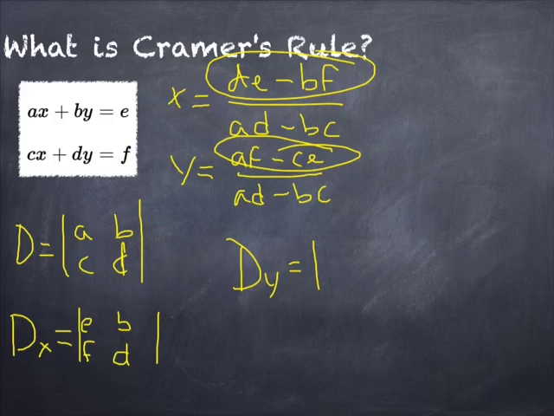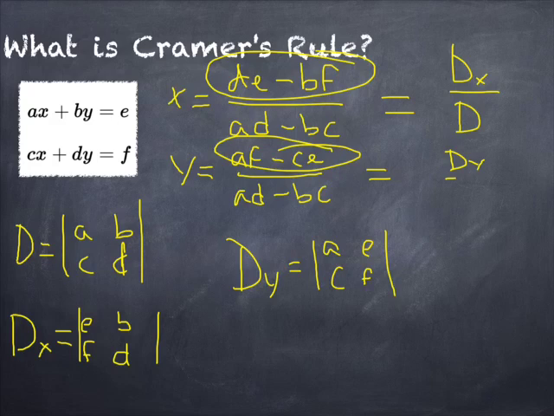And Dy equals, this time we keep the x coefficients, but we change the y coefficients to E over F. And those would be our three determinants. So x becomes Dx over D, and y becomes Dy over D. So all we have to do is calculate these three determinants, and we can figure out the values of x and y by dividing the numbers we need to divide.